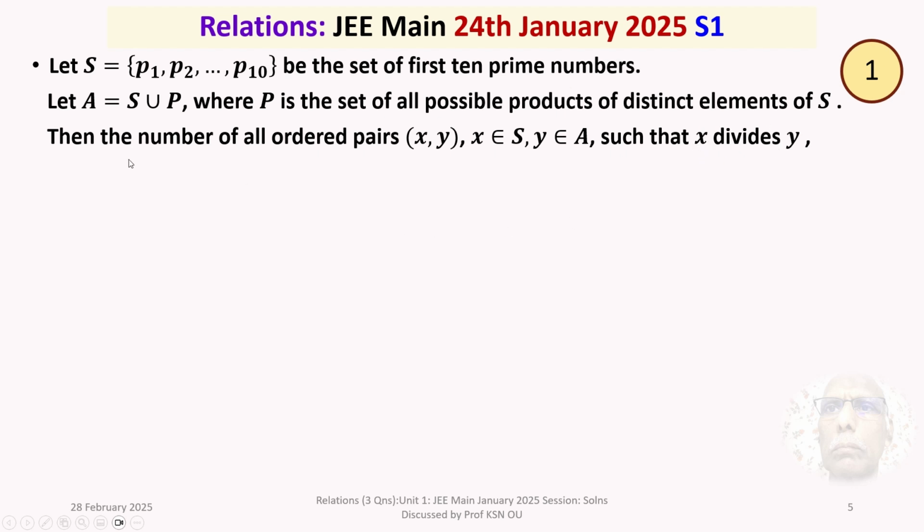So we have to count the number of ordered pairs x comma y, where x belongs to S, the first component comes from S, and y, the second component, belongs to A. A is S union P. And we have to count the number, and the number is.